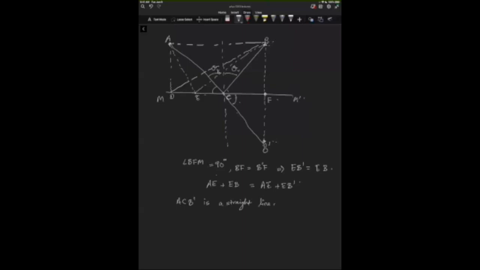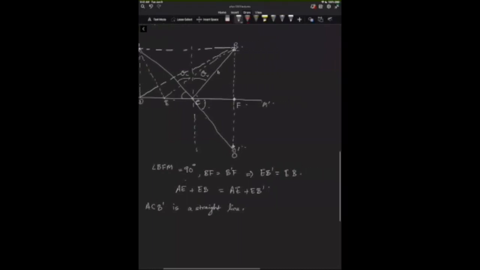And similarly, because the angle B prime CF and ACM are equal, as I just showed you, we can also show that because of the two mirrors, the two triangles, that is triangle CFB, this triangle, has the same sides as this triangle, that is the triangle B prime CF.